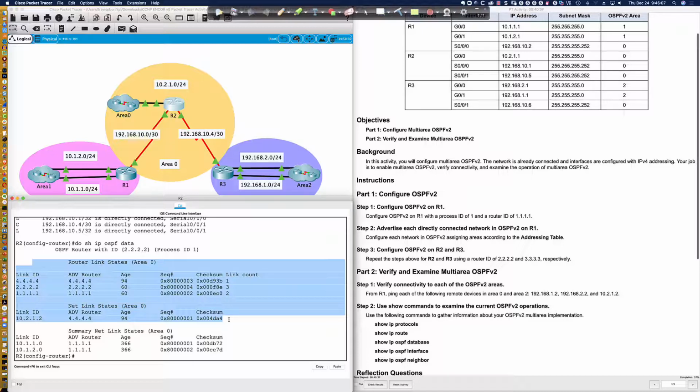Remember, type 1 and type 2 LSAs do not transit area boundaries. That would defeat the purpose of having multiple areas. So here's my type 1 router LSAs. Here are my type 2 network LSAs, because remember, out this broadcast network type link, gig 0/0, I'm connected to router 4.